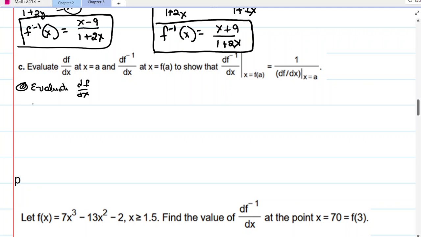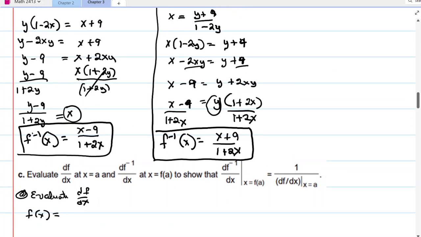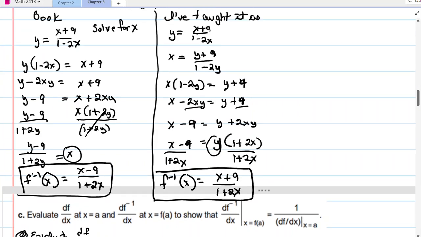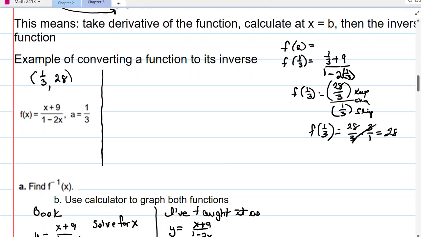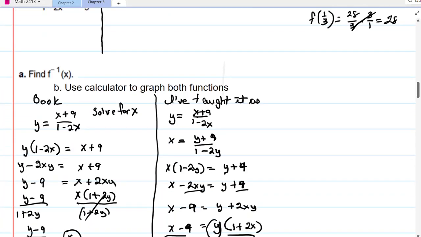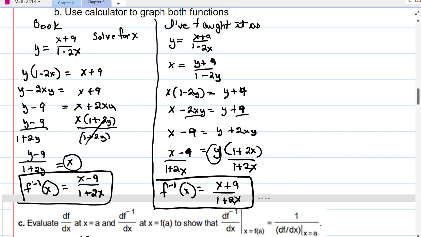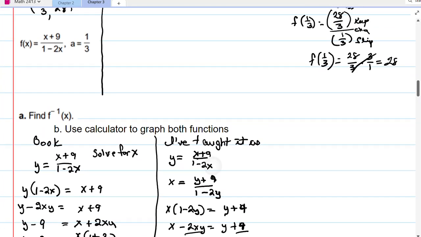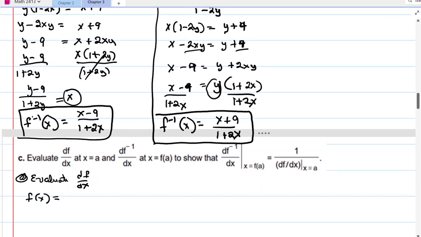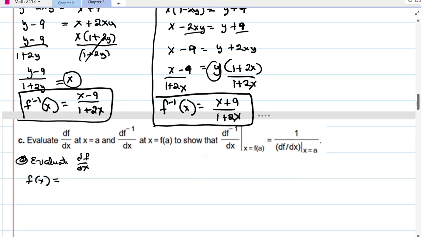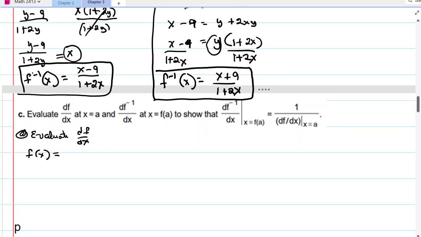We also needed to look at the similarity of what we had. It's x plus 9, and here it's x minus 9. It's 1 minus 2x, and here it is 1 plus 2x. So that's kind of an interesting output of an inverse function.